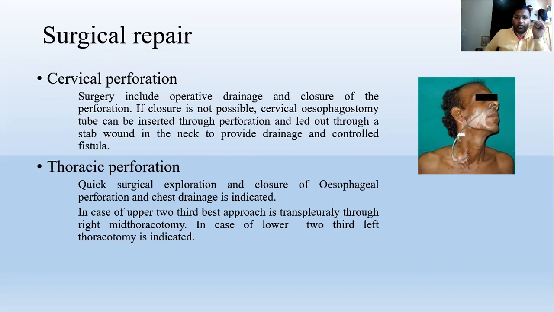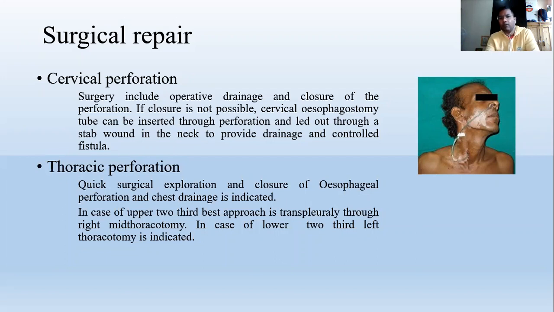Understand? It means you insert one tube inside the esophagus and keep it out, so that you can start feeding the patient, and directly through the perforation area you insert one tube into the esophagus, you start feeding, and later you repair the perforation.